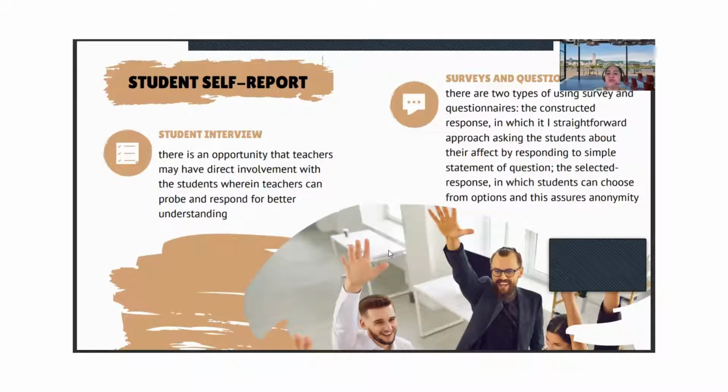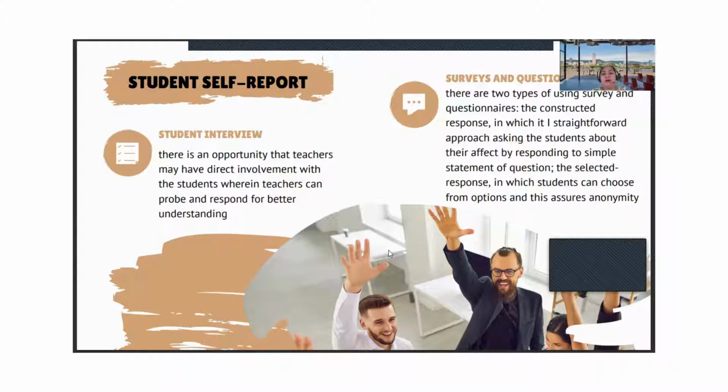And then surveys and questionnaires. In surveys and questionnaires, we actually have two types: the constructed response and the selected response. The constructed response is a straightforward approach, asking the student about their affect by responding to a simple statement or question, while the selected response is one in which the student can choose from options, and this assures anonymity.